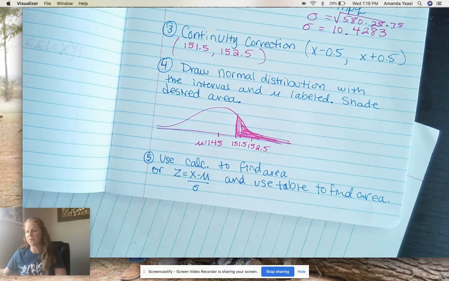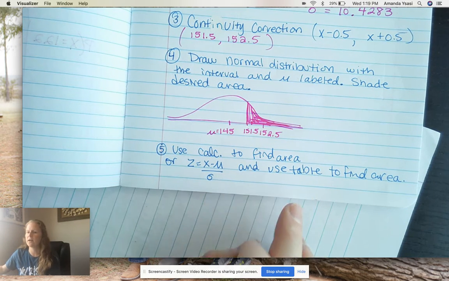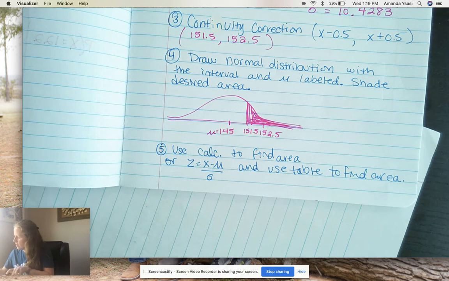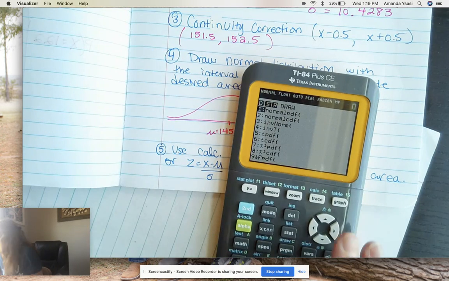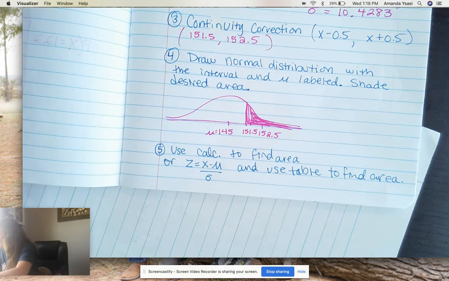Okay, so use a calculator to find the area, or you can do your z-score and use the table. So let's see. Not table. We're going to do the normal CDF. So our lower would be the 151.5. Upper goes on and on forever.